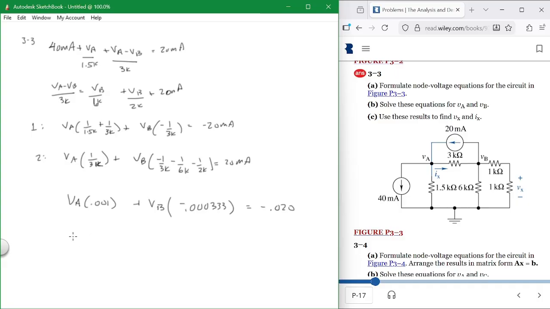Okay, so VA is the second one. Here's my first one. Here's my second one.